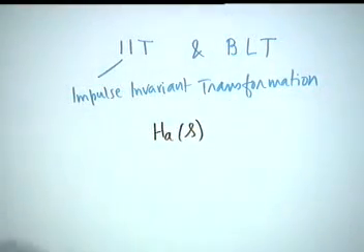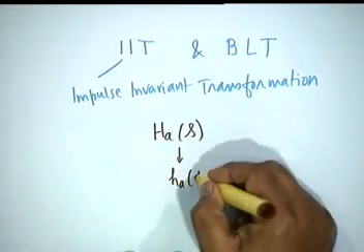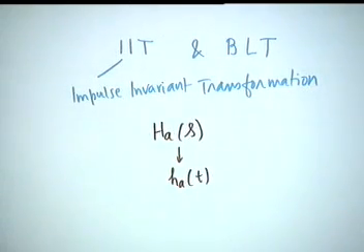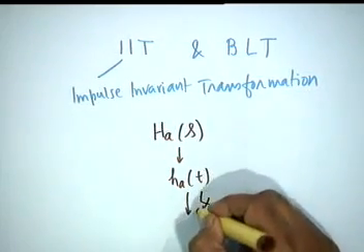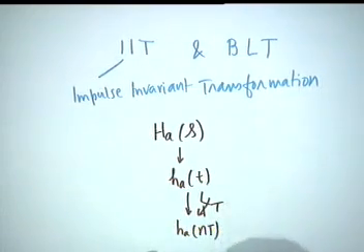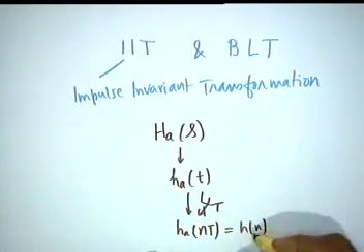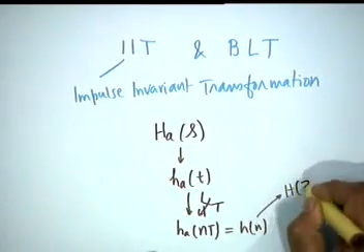You transform small omegas to capital omegas, then you decide on an analog filter H A of S, obtain its impulse response small h A of t, and then sample it, that is, obtain h A of nT, and call this h of n. Do you see how simple it is? From h of n take the Z transform, obtain your H of z.